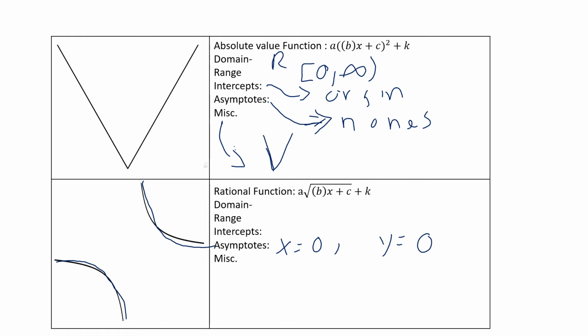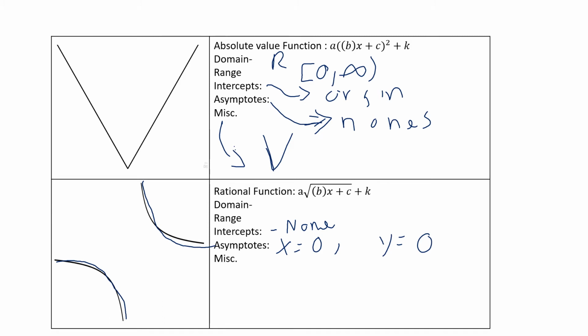Because they don't cross the axis, that's why. They don't cross the x or the y axis because of the asymptote. It gets close to 0 but never touches 0. Close but never touches. So the intercepts are none. And again, the asymptotes mean they get close to but never touch 0, so it doesn't cross the axis.